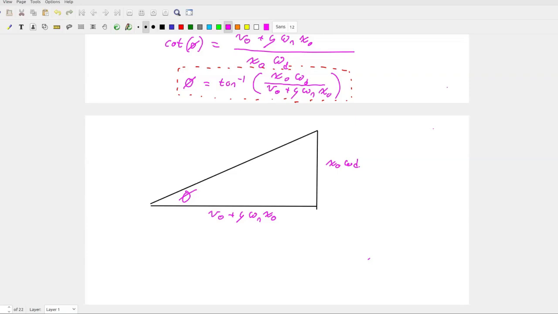And again, we're just building off of our inverse tangent that we solved for right above in the red square. And that means that my long side here can be the square root of v naught plus zeta omega n x naught squared plus x naught omega d squared.